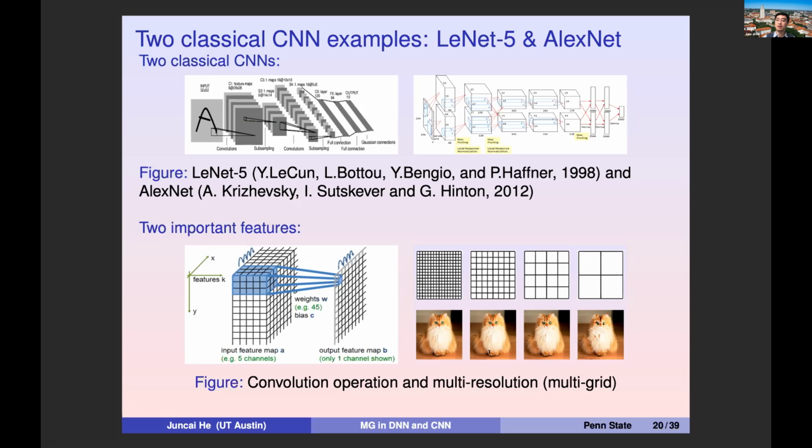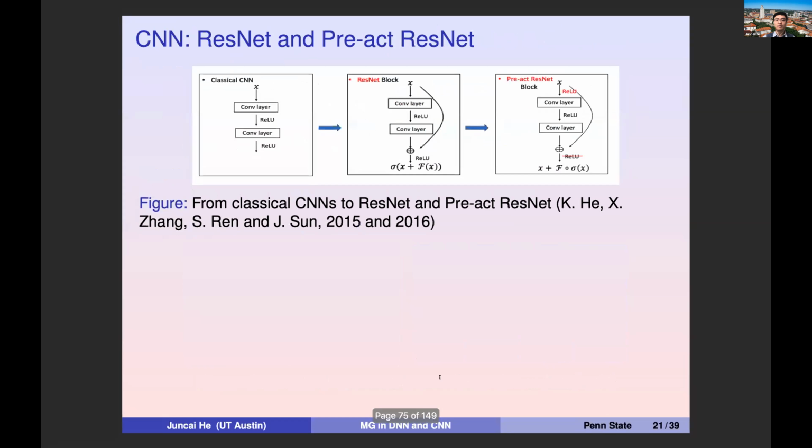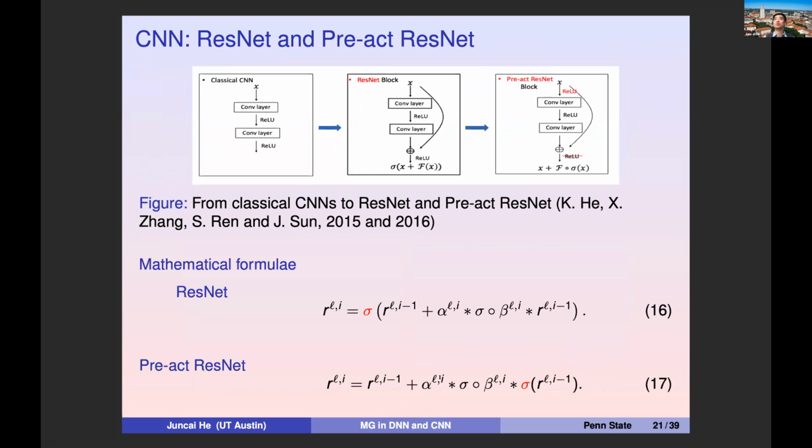Then you need multi-resolution. You should do downsampling, or pooling. For just image classification, that's enough. But anyway, two things: one is convolution, one is multi-resolution.